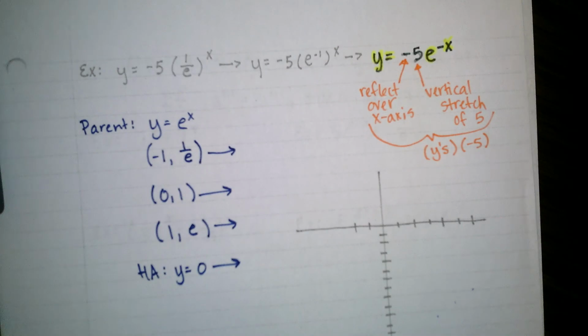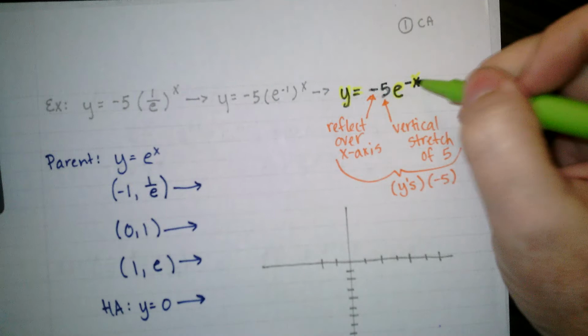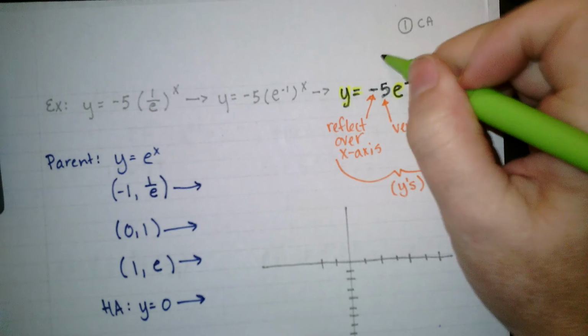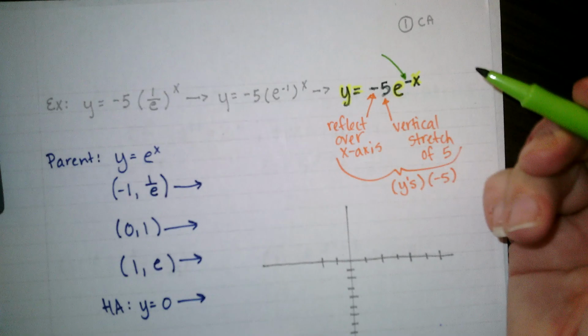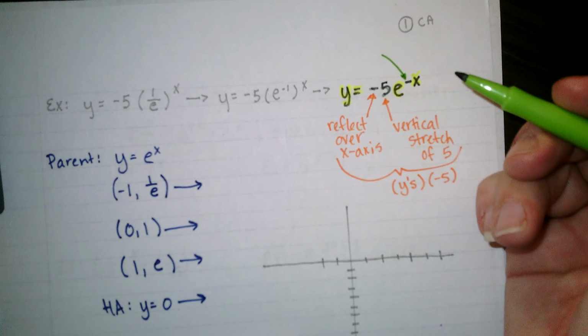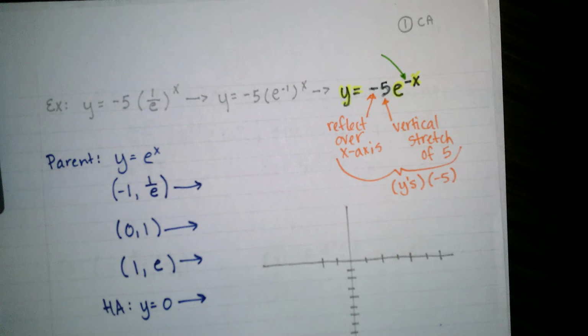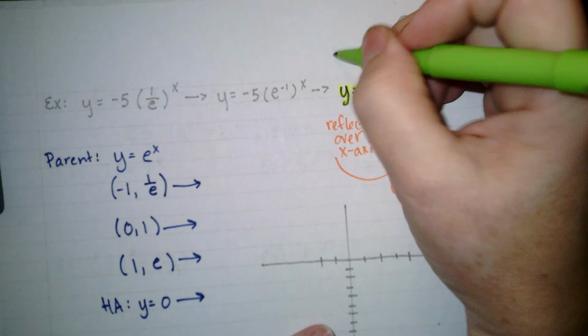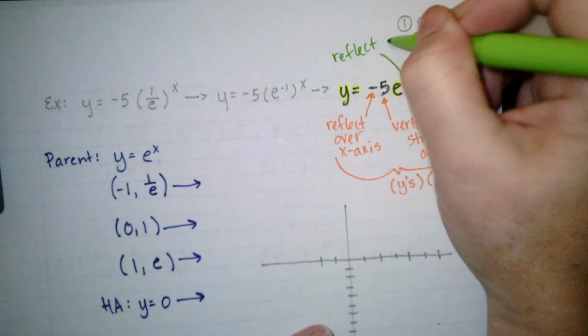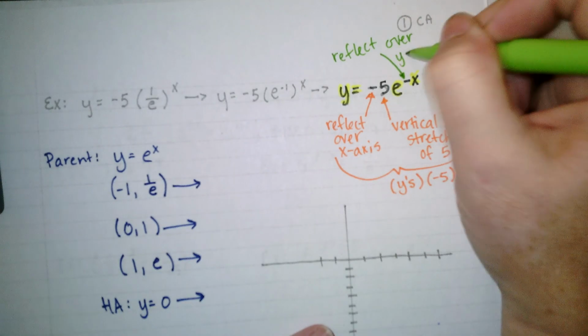The other transformation we have is number multiplied by the x. This is a -1. So a 1 would be not a stretch or a compression. That will be the same magnitude, it's not going to stretch it or compress it. But that negative means we're going to reflect over the y-axis.